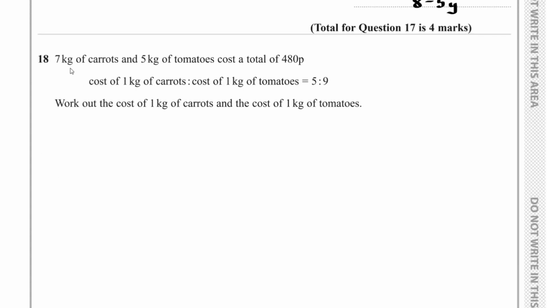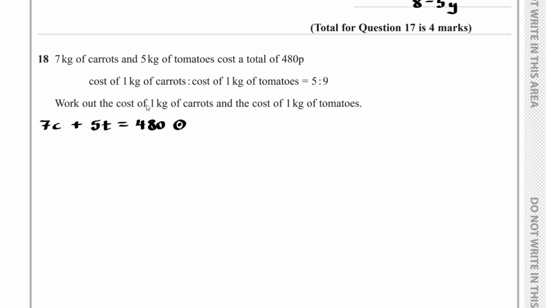Question number 18. 7 kilograms of carrots and 5 kilograms of tomatoes cost a total of 480 pence. The ratio of the cost of 1 kilogram of carrots to the cost of 1 kilogram of tomatoes is 5 to 9. We have to work out the cost of 1 kilogram of carrots and the cost of 1 kilogram of tomatoes. First of all, we have 7c plus 5t equals 480.